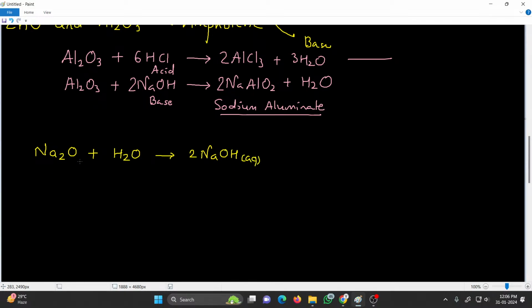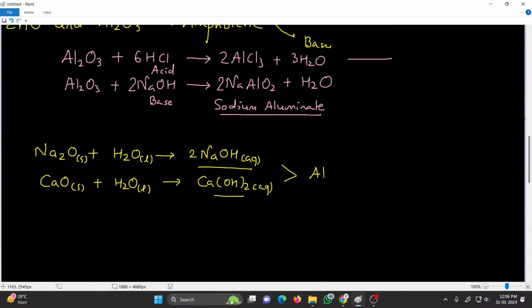If you can see, two reactants are giving a single product. Similarly, potassium oxide, calcium oxide, all these are soluble in water. If you see the reaction of calcium oxide with water, it gives you Ca(OH)2 aqueous. So these are called alkalis, bases which are soluble in water.